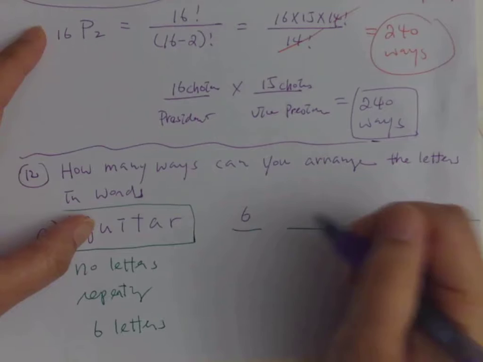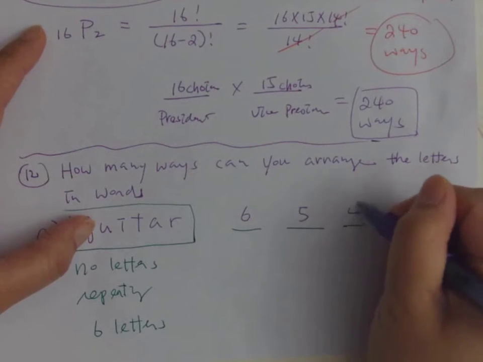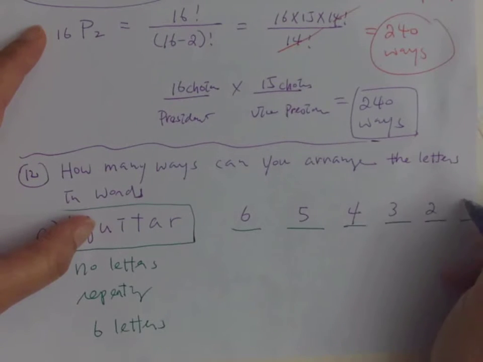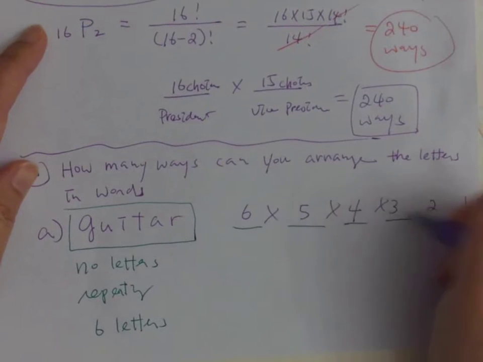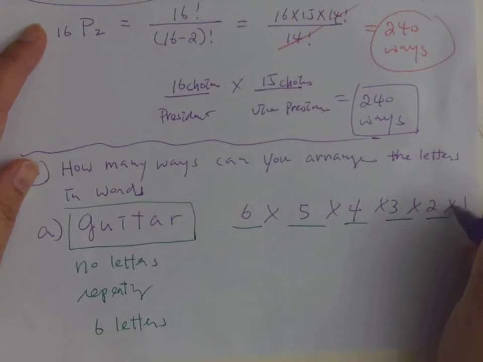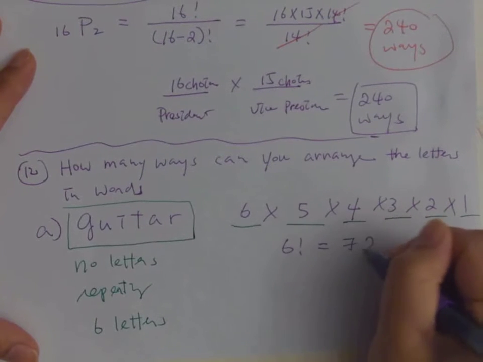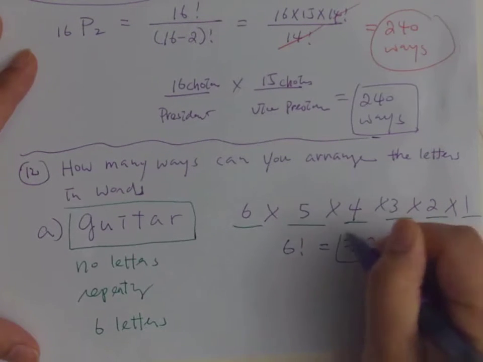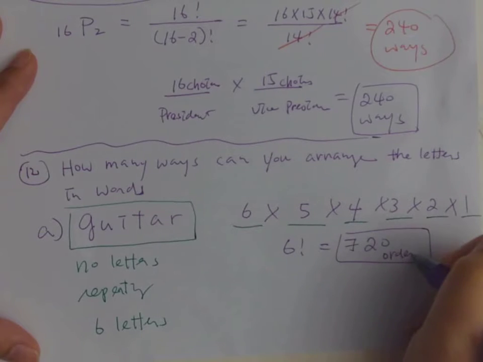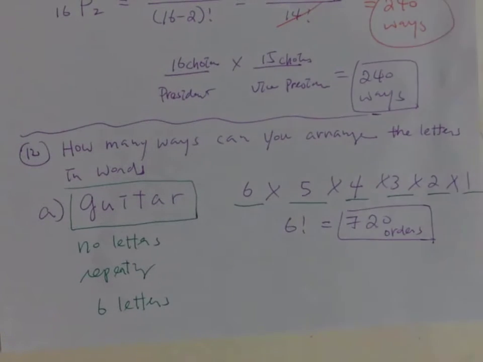If I pick one of them, now I only have 5 choices, right? And then 4, and then 3, 2, 1, like that. So I can just multiply them together. This will be basically 6 factorial, which is 720 different orders. Okay, so this is actually basic multiplication counting methods.